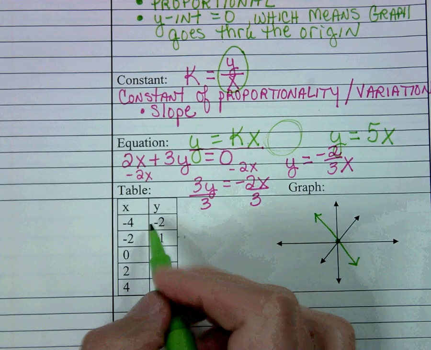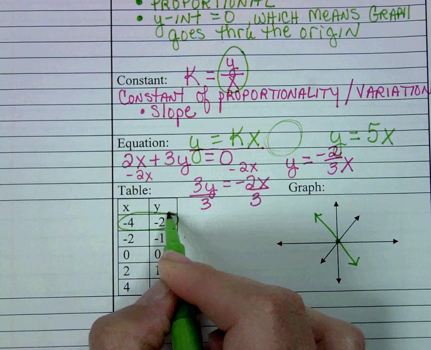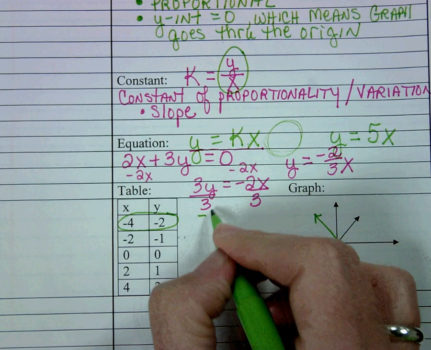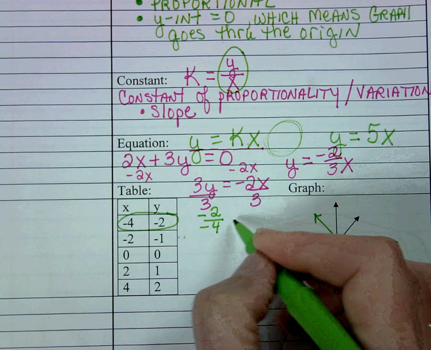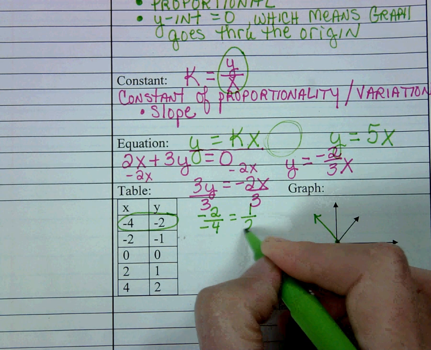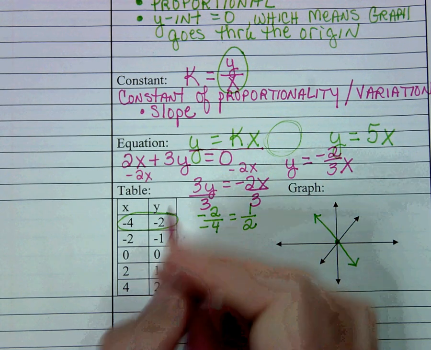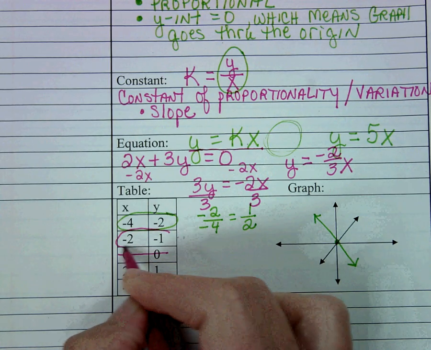Now, looking at the table, the way we tell from a table: remember, our constant of variation has that special ratio. So if I take this point and I write y over x, negative 2 over negative 4, that gives me positive 1/2. Well, if this is direct variation, then every single ordered pair, except for the origin, is going to give me that same ratio.